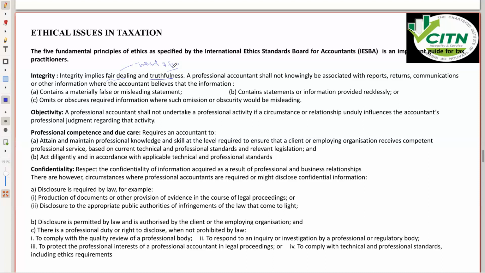So if we have to do any tax work or any tax review on accounting related issues, where we know that what we do will be influenced by the relationship we have with the other party, or will be influenced by that particular circumstance we find ourselves in, we want to avoid that situation.